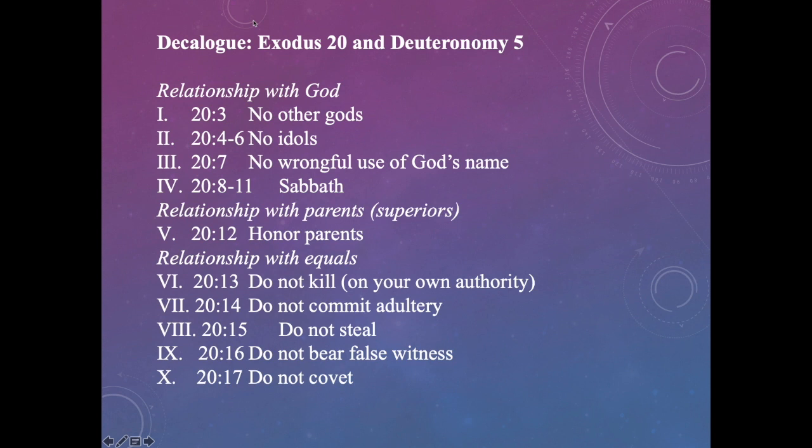So the Decalogue, the Ten Commandments, appears in both Exodus 20 and Deuteronomy 5. We will later be looking at Deuteronomy 5 in much more detail. The Ten Commandments deal with different kinds of relationships: the relationship with God, the relationship with parents or superiors, and the relationship with equals.